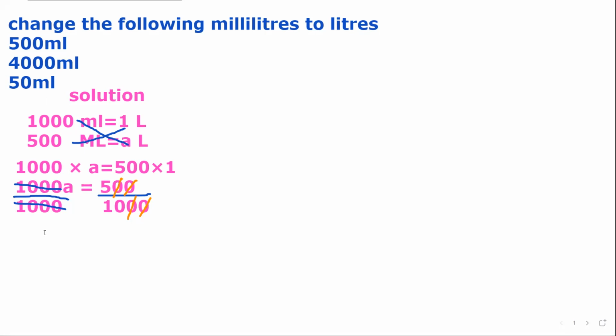Now what is left here is A is equal to 5/10.